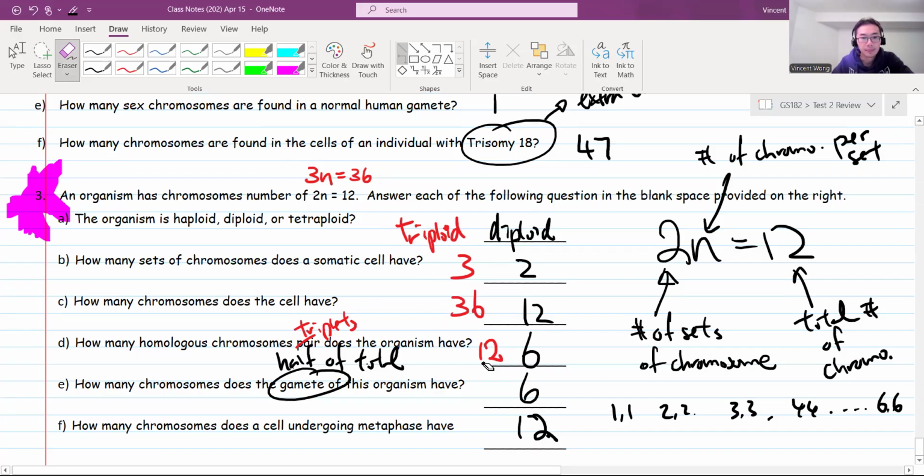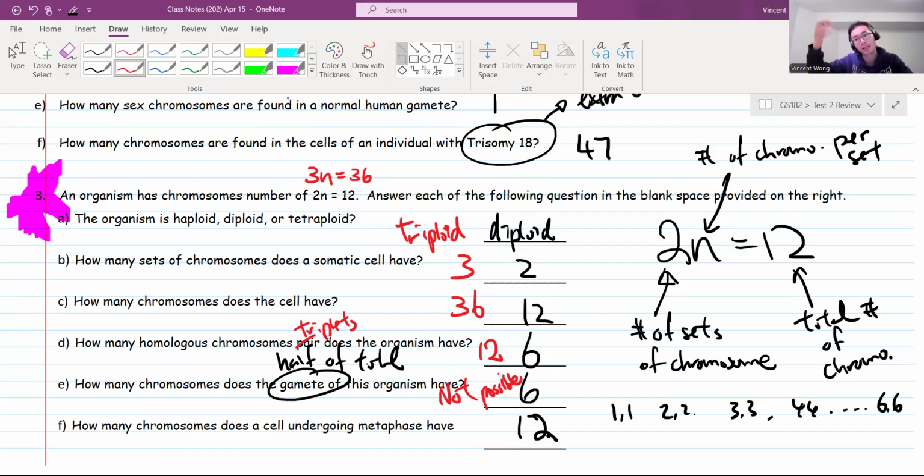How many chromosomes does it have in the gametes of this organism? Okay, this is a trick question. Not possible, because it's an odd set. If it's an odd set, you cannot reproduce sexually.